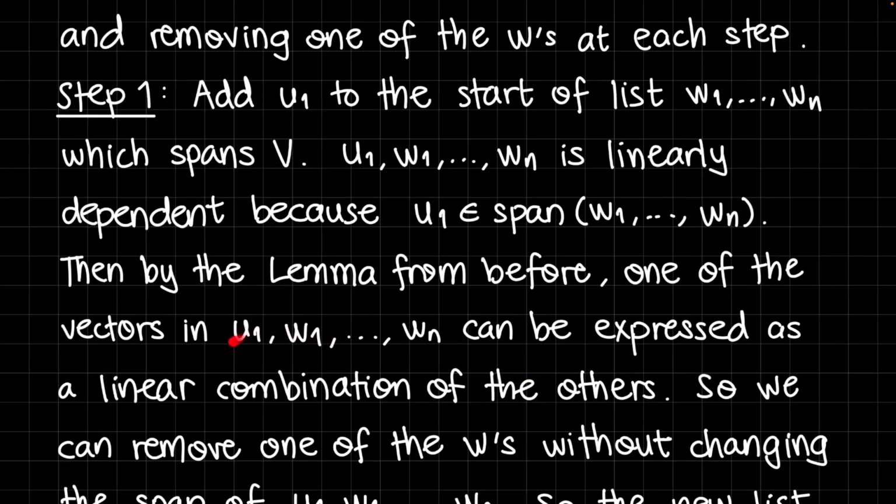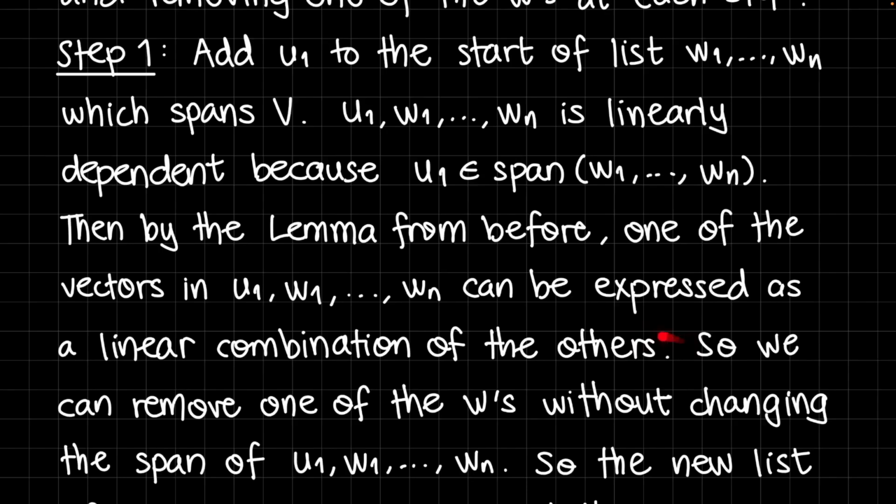There's nothing before u1, so u1 is not a vector that can be written as a linear combination of the ones before. However, any of the w's can be chosen, as it is a linear combination of the ones before. So choose that w.